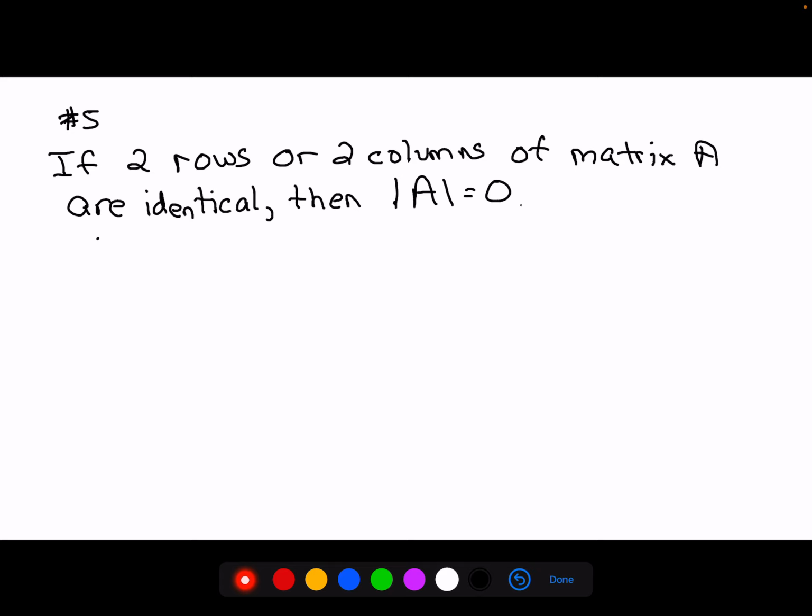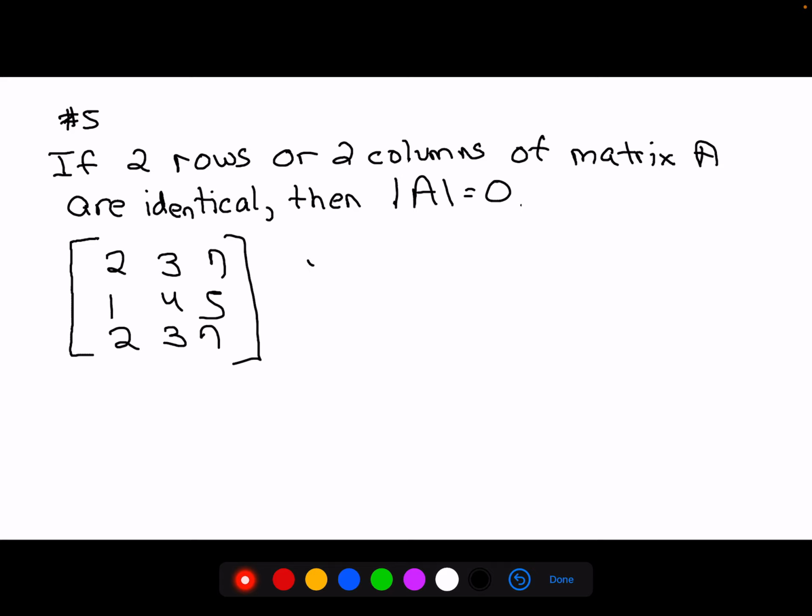Okay. Let's say I have this 3 by 3 matrix. Notice that row 1 and row 3 are identical in this 3 by 3 matrix.